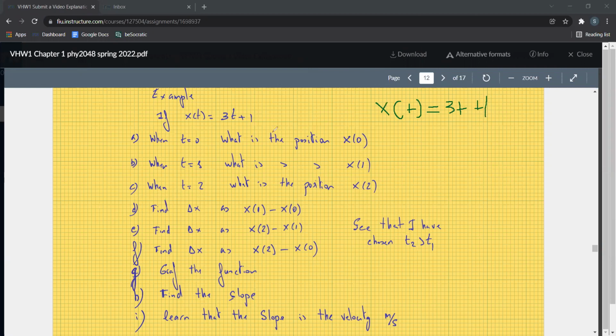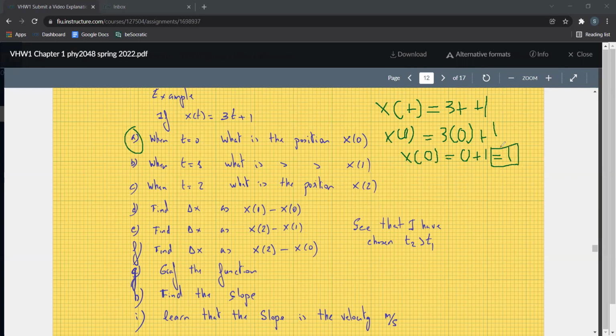So we can see from letter A that when t equals 0, what is x of 0? So x of 0 would equal, we know that our t is 0, so 3 times 0 plus 1. So our x of 0 is equal to 0 plus 1, or simply 1.